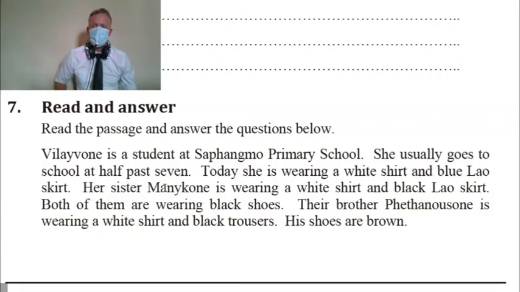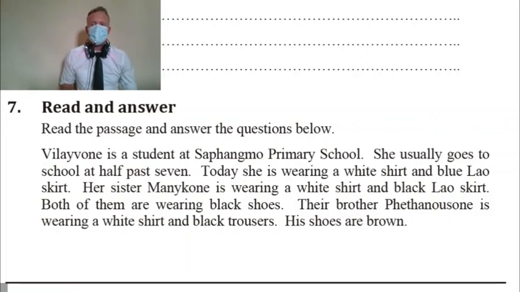Her sister Manikon is wearing a white shirt and a black Lao skirt. Both of them are wearing black shoes. Their brother Petano-san is wearing a white shirt and black trousers. His shoes are brown. Right, you can rewind the video and listen again if you want.